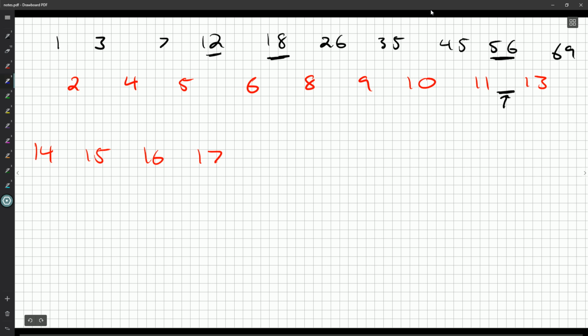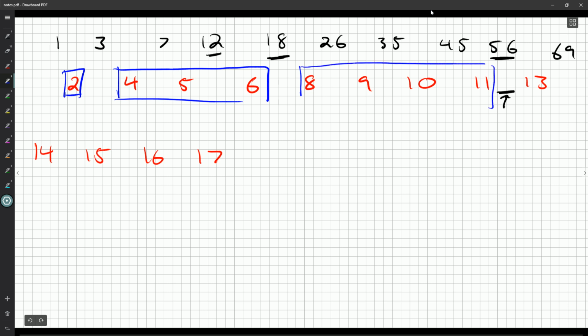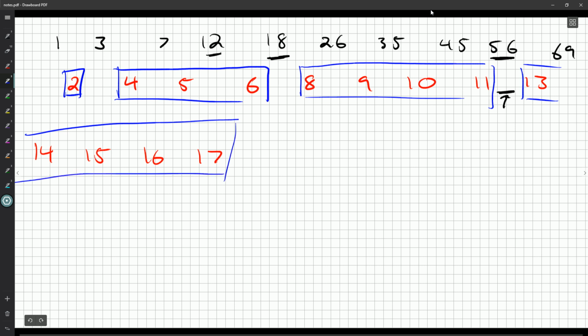Because what I'm trying to do is look at runs of numbers. So 2 is by itself, but then 4, 5, and 6 are consecutive. And then 8, 9, 10, 11 are consecutive. And then now we've got 13, 14, 15, 16, 17 consecutive. And I know the next ones will go from 19 up to 26. So this could allow me to jump up by leaps and bounds all at once.